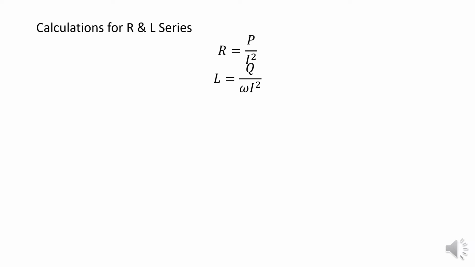Reactance X is equal to Q divided by I squared, and X for an inductor is equal to omega L, where omega is 2 pi f. After substituting this, L is equal to Q divided by omega I squared directly. I'm not going to clarify this too much because we have done the same calculation in your lab 1 as well.